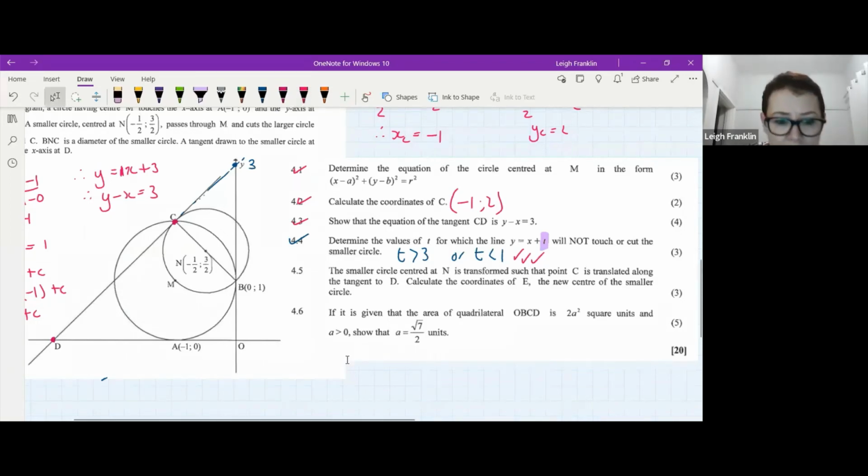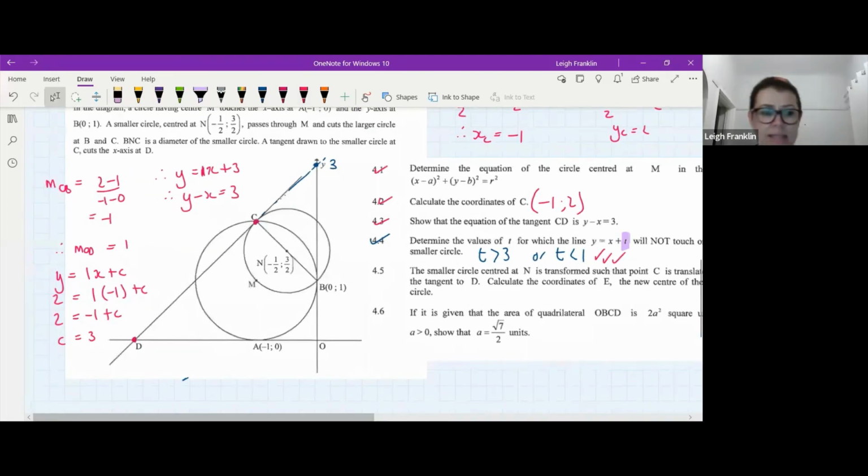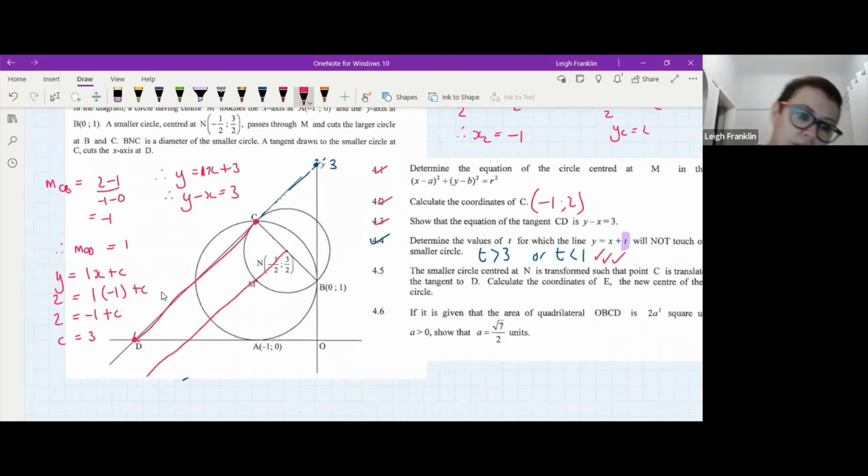Okay, so I guess one way to look at what's going on here is that we're kind of drawing a rectangle. I don't know if you guys can visualize this, but how C moves down this tangent to D is the similar way that point N will move down a parallel line to another point over here. So we're drawing a rectangle.